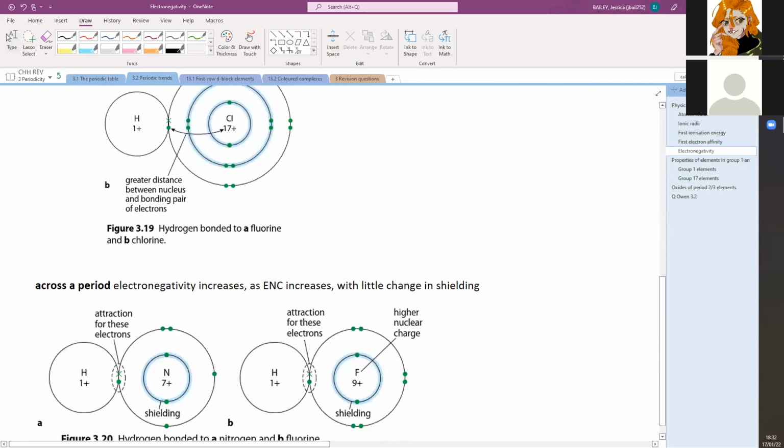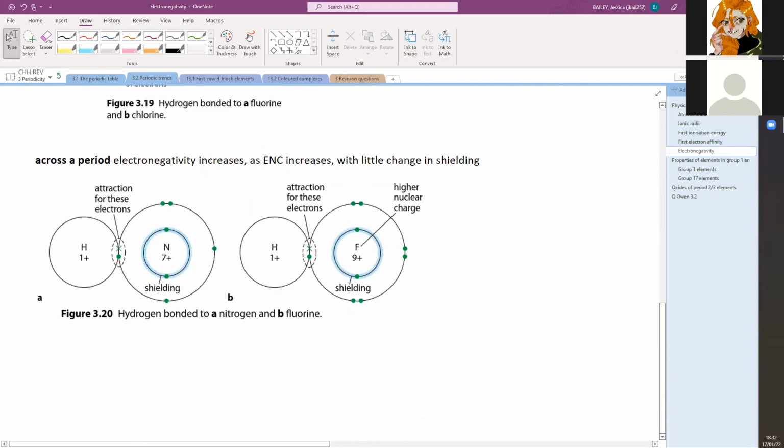Okay, and next, across a period, my electronegativity increases. And again, always link back to electrostatic attraction. And so that's to do with effective nuclear charge, like we mentioned before. So the shielding is staying the same because I'm in the same period, but my nuclear charge is increased, like between nitrogen and fluorine. Nitrogen is to the left of fluorine.